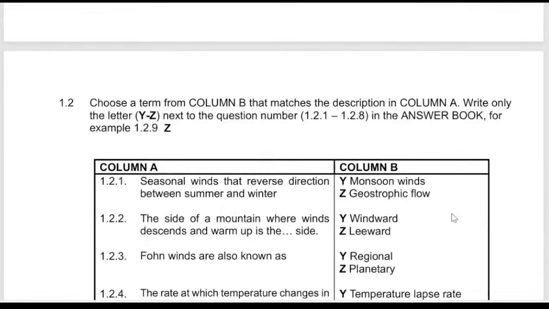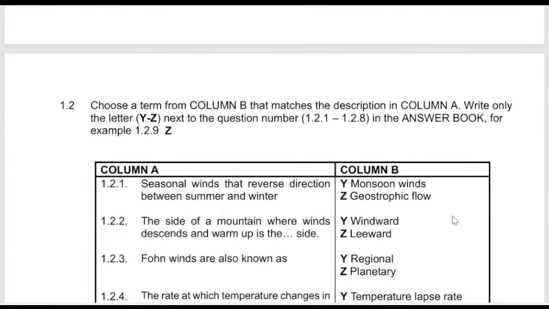Let's move on to question number 1.2, which is a matching column question. Right, seasonal winds that reverse direction between summer and winter, that is common understanding. We have the monsoon winds. If you check your monsoon winds, they are typical of what we call regional winds, which are basically experienced in India.